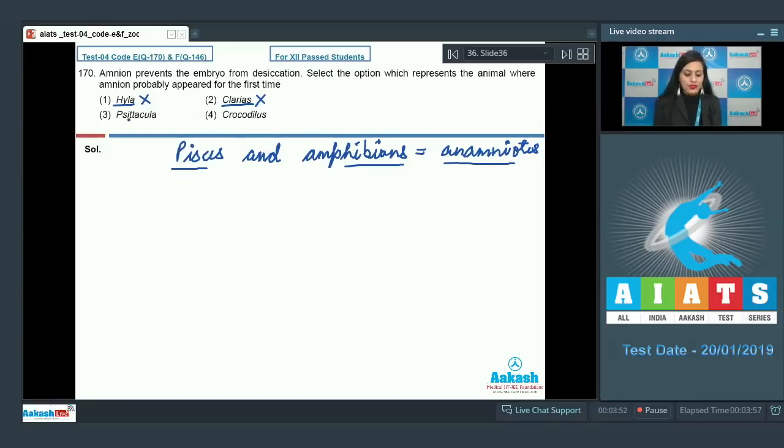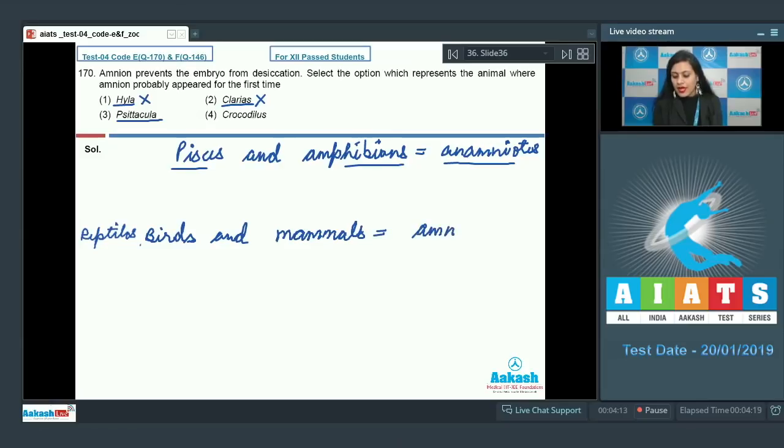The next option given is Psittacula, and Psittacula is a bird commonly known as parrot, and we know that reptiles, birds, and mammals are amniotes.